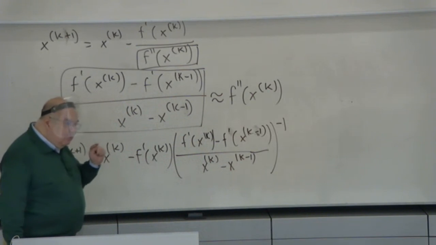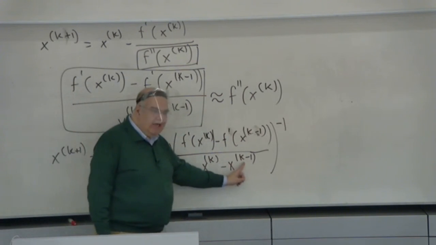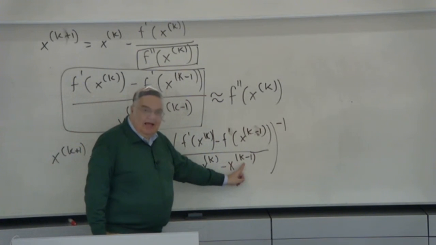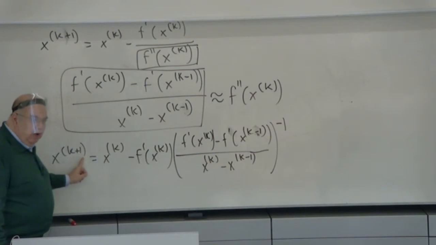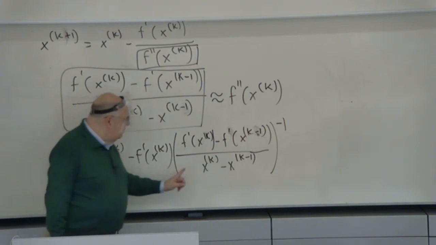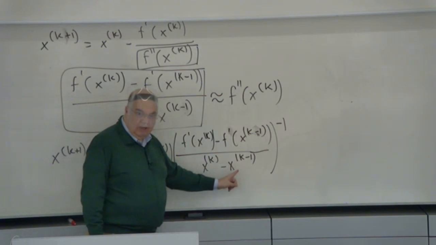But I'm also paying another price, which is this one, the k-1 here. Because to compute the value at step k+1, I need the values at k, but also the values at k-1.